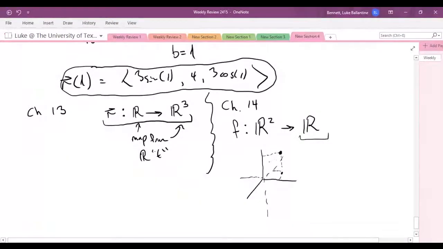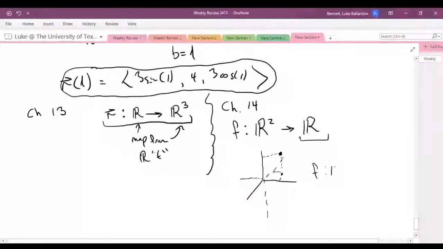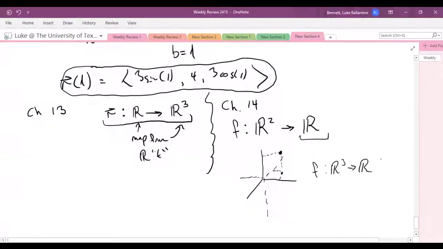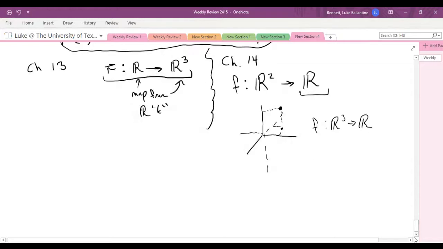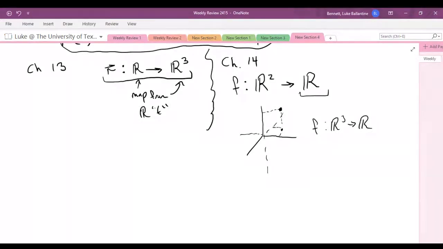Okay, same thing. We could really go, f maps R3 to R. We wouldn't have any way to geometrically interpret that because we would need 4 dimensions, but the idea still holds, right? These are functions of several variables, and so we're going to talk about something called partial derivatives. When you have a function of several variables, you have to take partial derivatives.